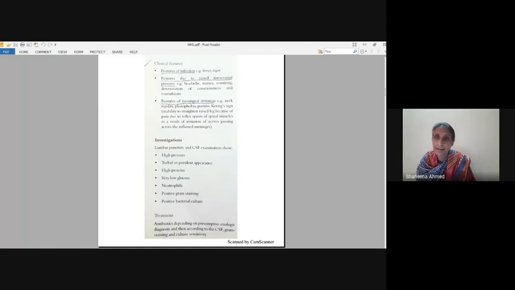Kindly correct the spellings. Kernig sign is if you flex your leg at the hip and you bend your knee at 90 degrees like that. Now, if you try to straighten your knee, a person with meningeal irritation will not be able to straighten his leg.